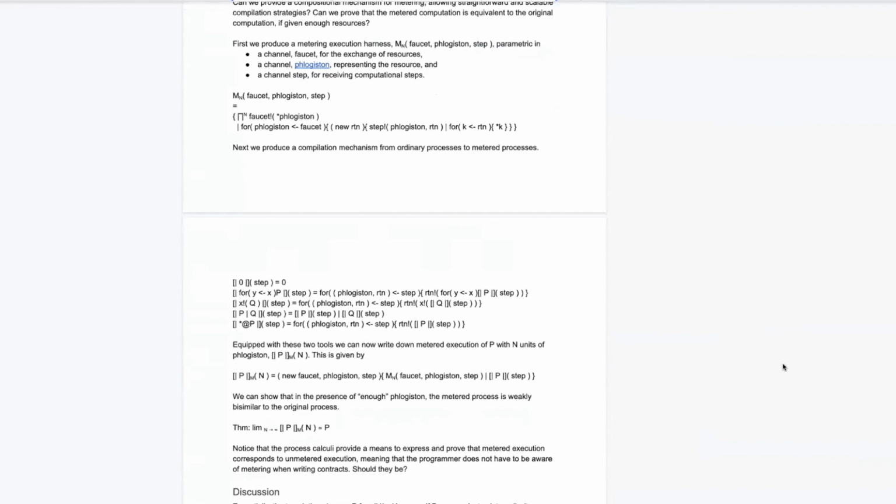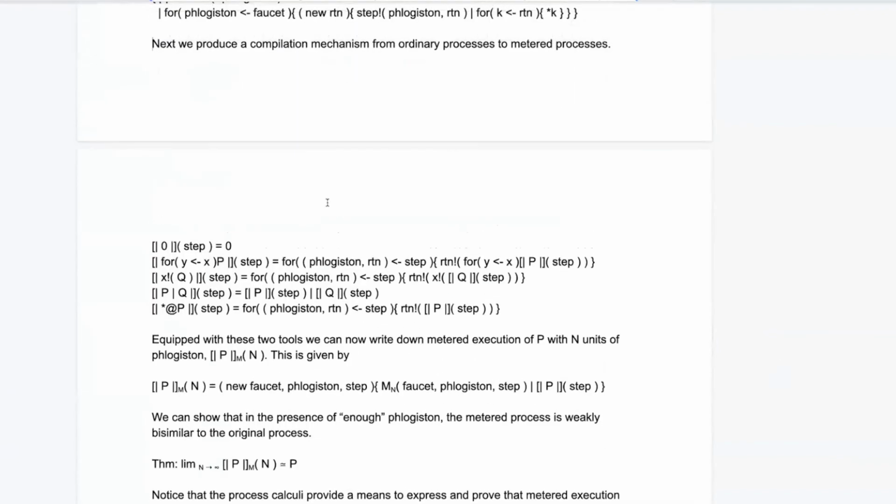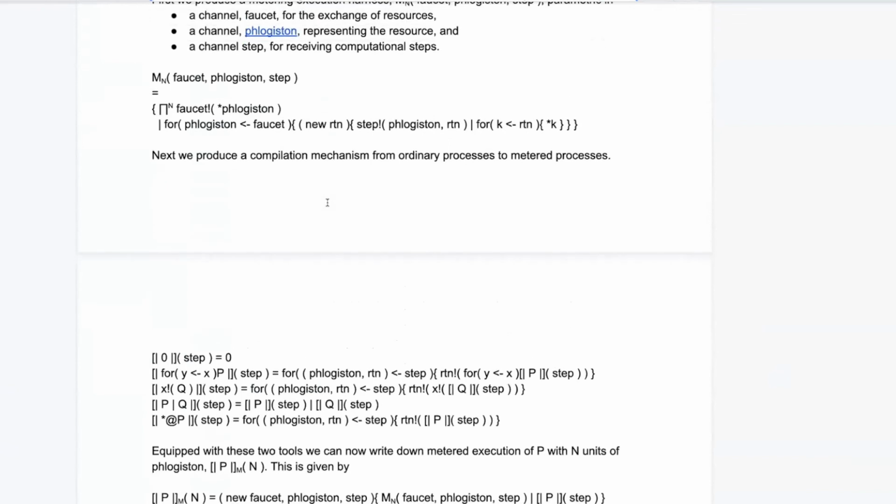So the idea is that you can take any rho-calculus process and put it in a context like this, where you have a parameter n, which is how much phlogiston you provide.